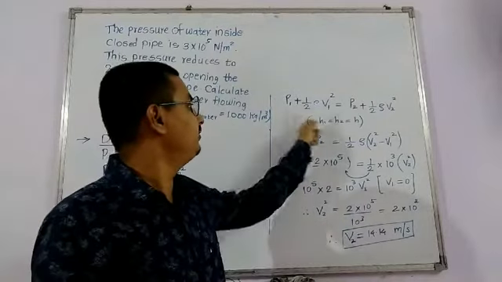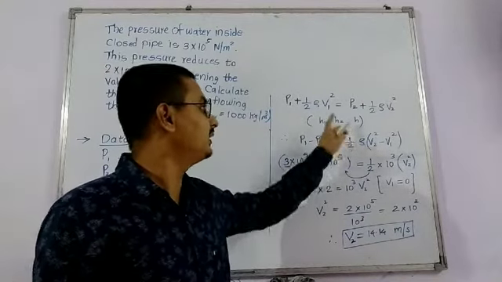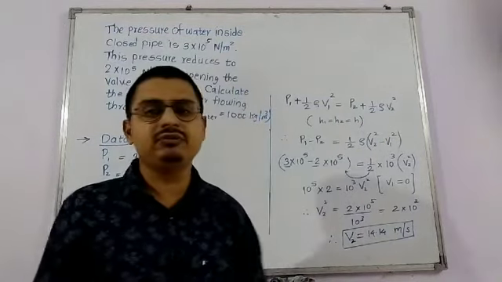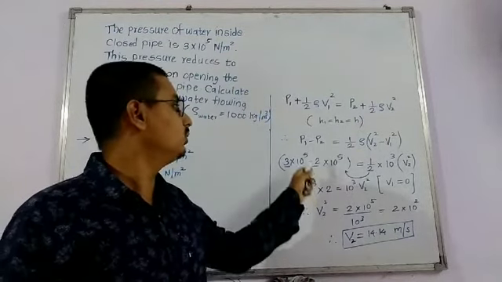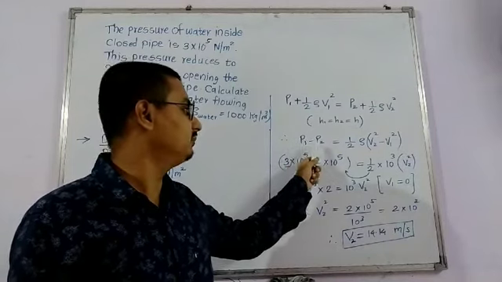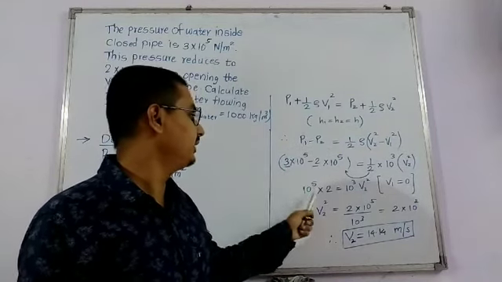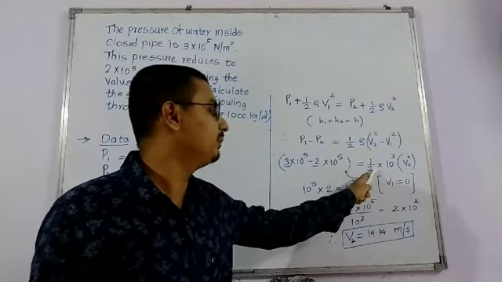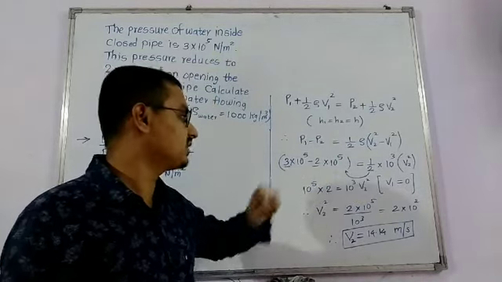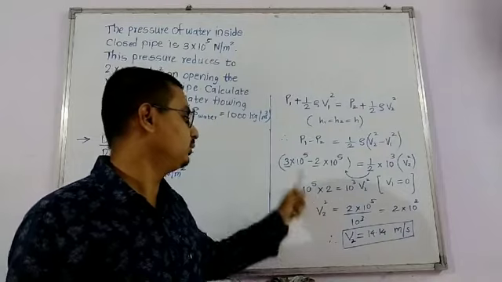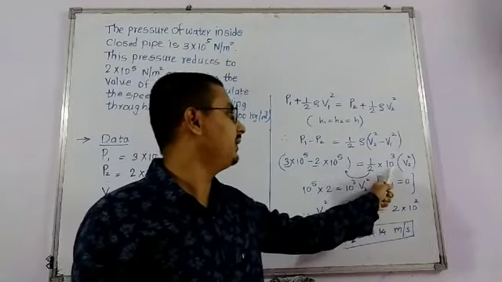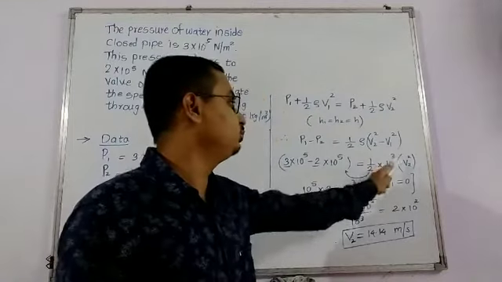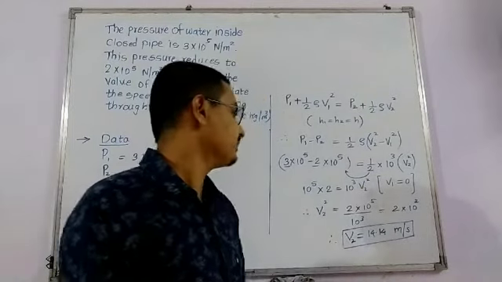So here P1 minus P2, and 1 upon 2 rho will be common, V2 square minus V1 square. If we subtract P1 and P2, we get 10 power 5 only, but the multiplication factor 2 will come to this side, so it will become 2 into 10 power 5, and here 10 power 3, that is the density of the fluid, and V2, which is unknown, is to be found.